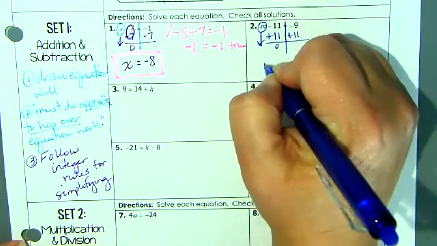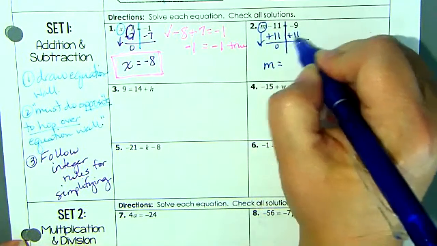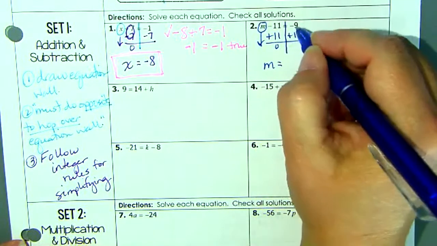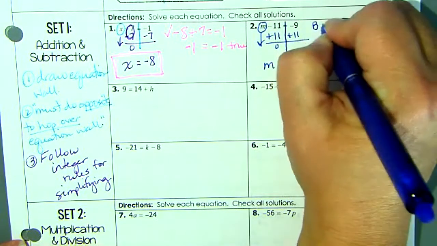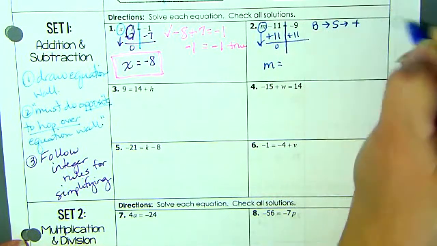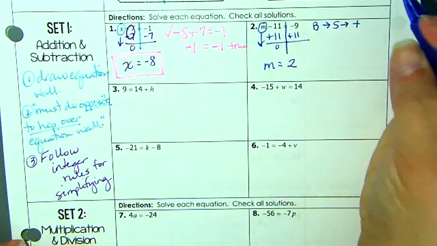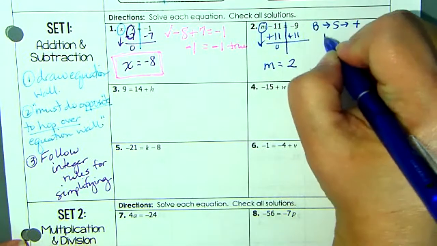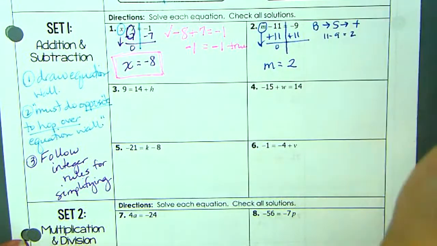Bring down the m, so I have m equals -9 plus 11, that's battle. So for battle, I subtract. Who's winning this? The positives. So I end up with an answer of 2, because I'm technically doing 11 minus 9, which gives me 2.